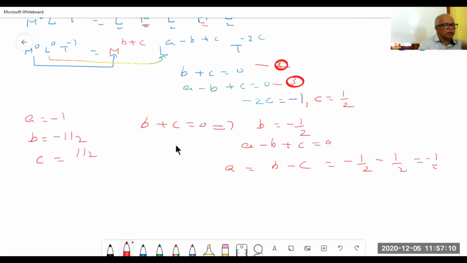Put these values in the equation. What equation did we have?